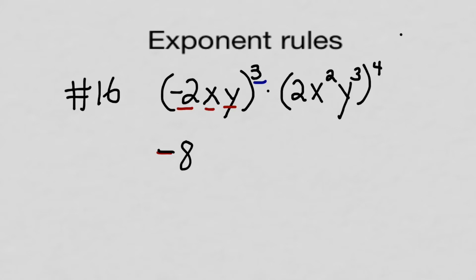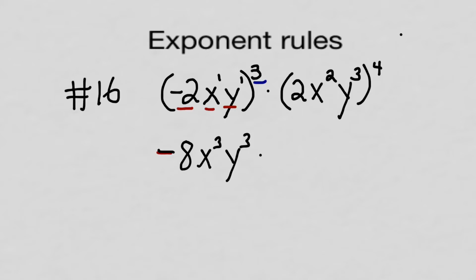Remember, this y and this x are to the first power. 3 times 1, that's going to be x cubed. Again, 3 times 1 in regards to the y, that's going to be y cubed. So we're done with the left side.